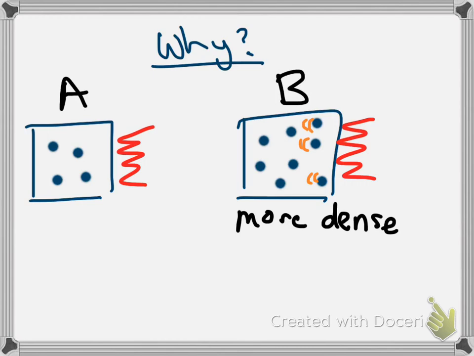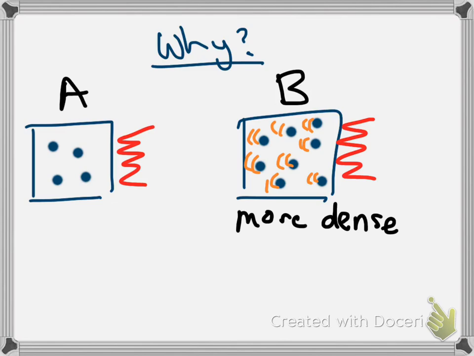In our box B, as soon as those first molecules move, they are so close to the next molecules that they cause the next molecules to move. It's like a domino effect. Those first molecules will quickly bump into the next molecules, which will bump into the next molecules, and pretty soon the entire substance will feel really, really hot.